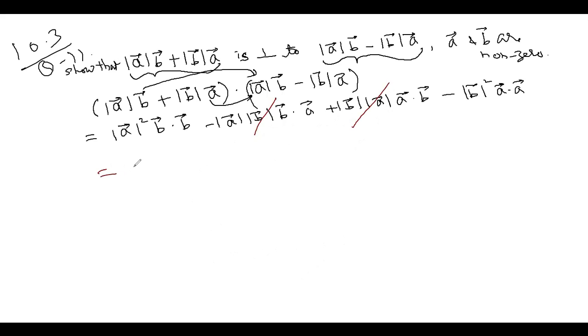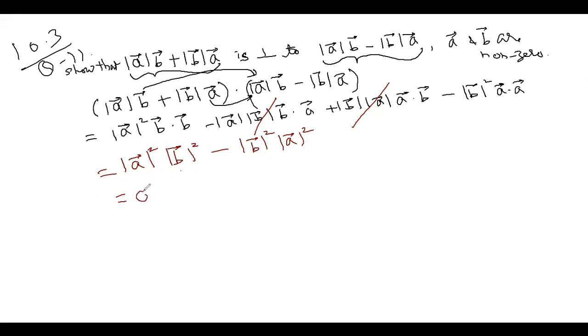It will cancel, and now magnitude of A square and B dot B, you know that B dot B is magnitude of B square. Similarly, this is magnitude of B square, and A dot A is what? Magnitude of A square. So both are same. The magnitudes can be written 5 into 2 or 2 into 5, they are the same thing. These values can be written in any order, but they are same.